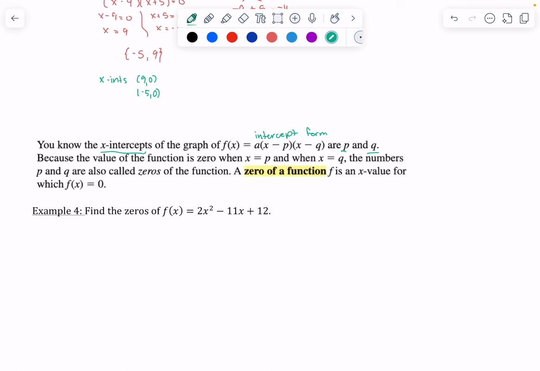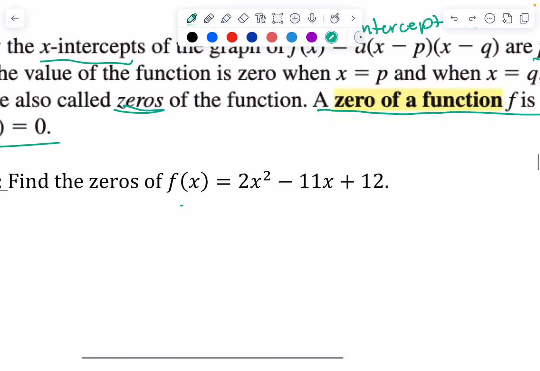This is why the numbers p and q are also referred to as the zeros of the function, okay? So a 0 of a function is an x value for which f of x or y equals 0. So if we want to find the zeros of this function, we have to begin by replacing y, or f of x, with 0.